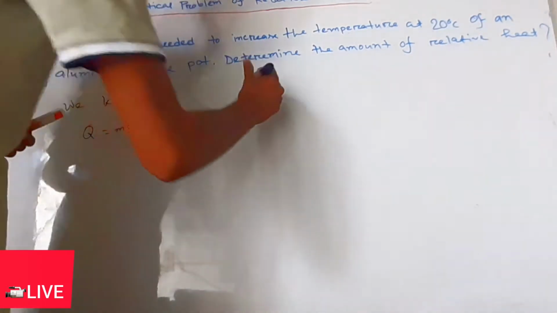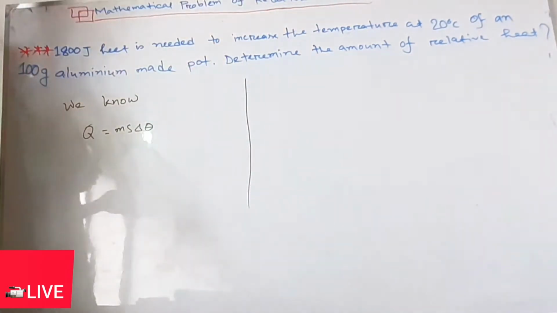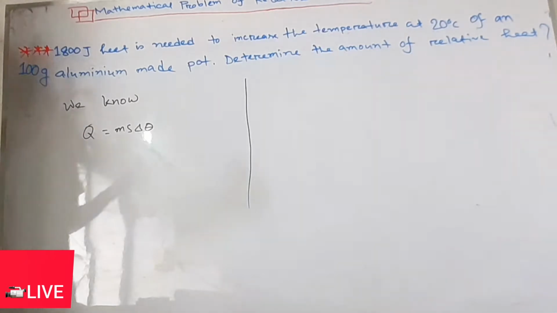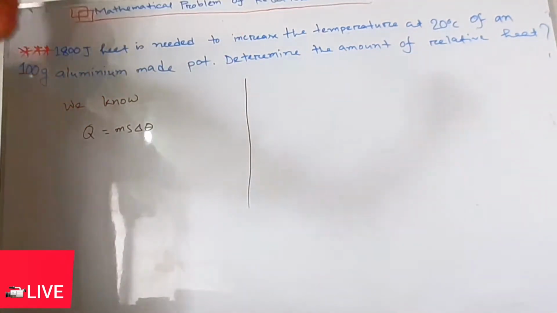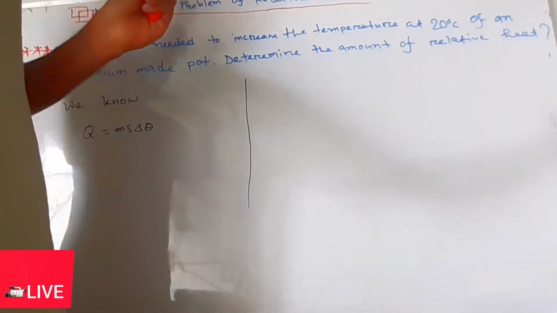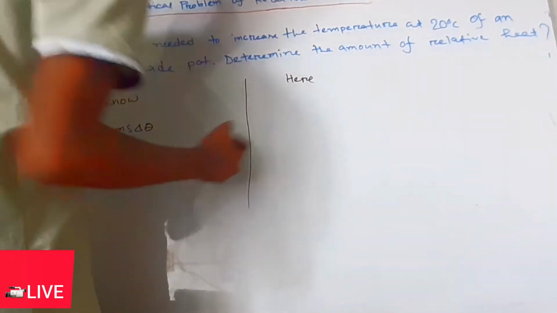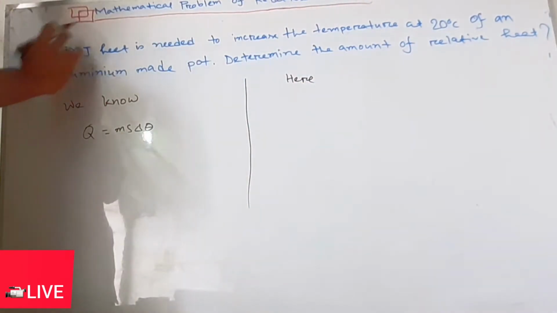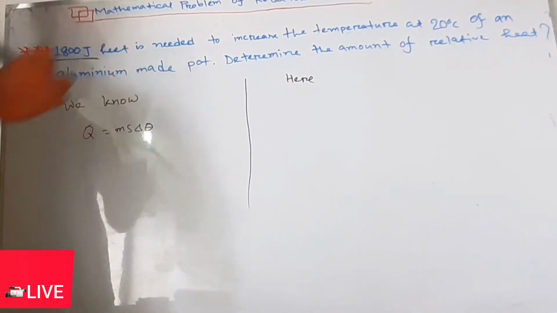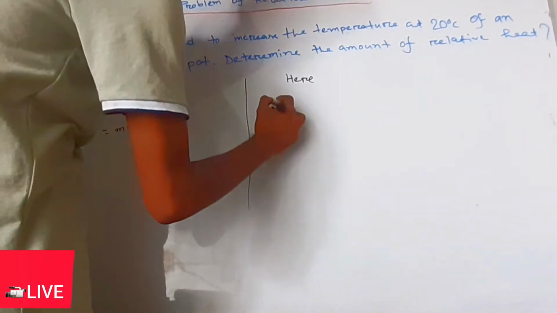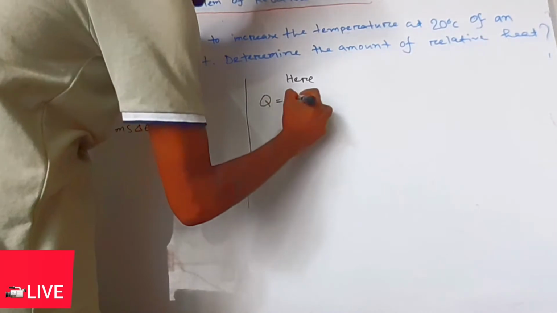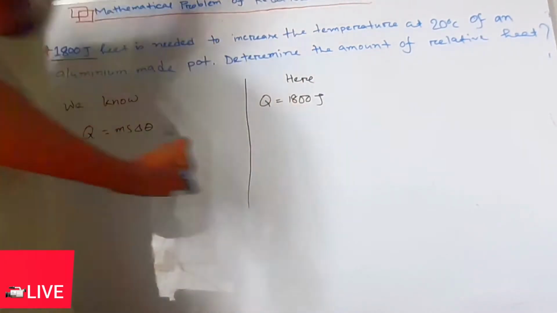Now we'll write it down on the right side of the mathematical problem portion. Here the quantity of heat is 1800 joule. So we can write Q equal to 1800 joule.